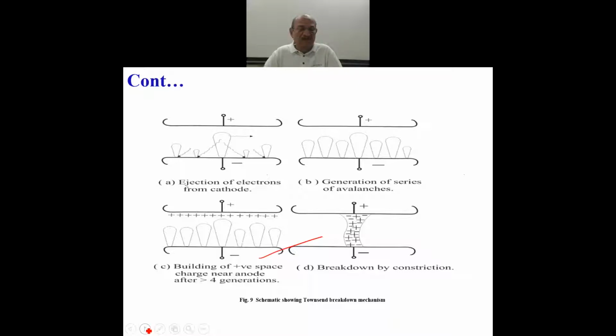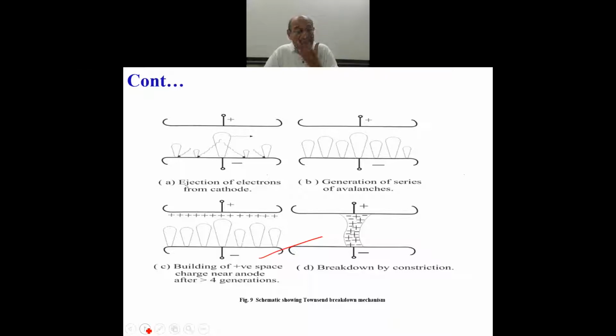Just imagine, very small gap distance. So it has found some limitations. Later, when the measurements were done, it was found to have some limitations. But let's first describe how Townsend described his mechanism.